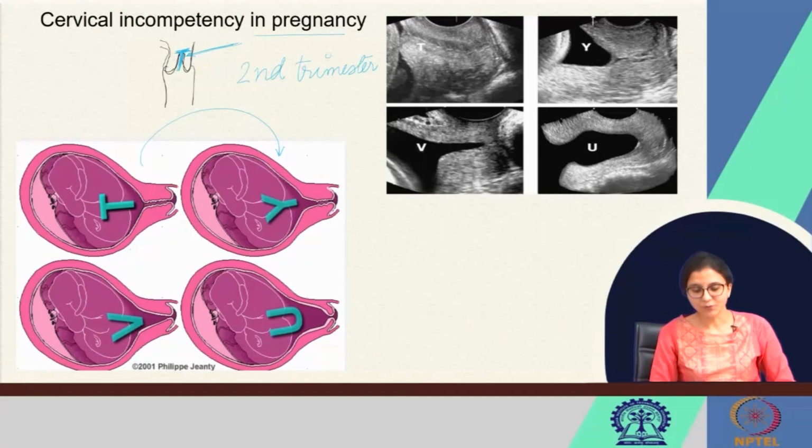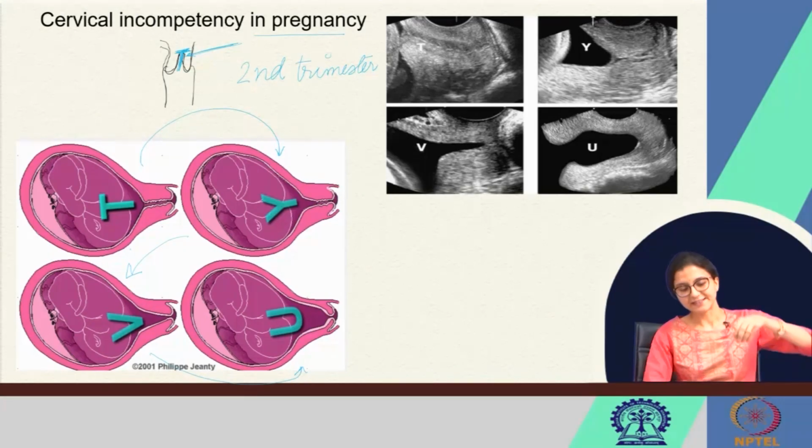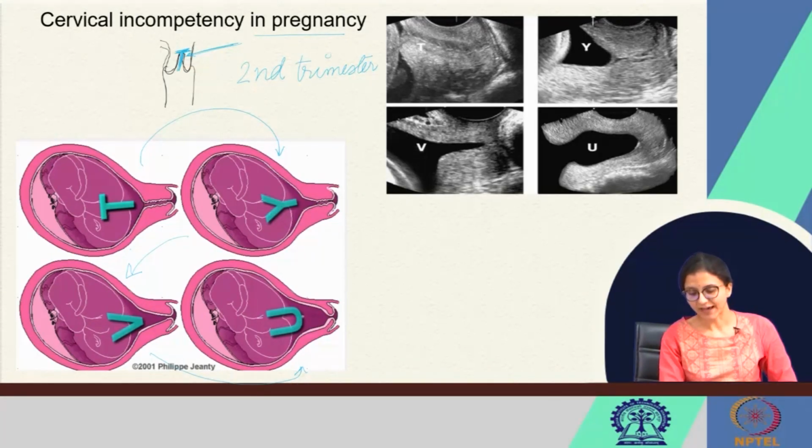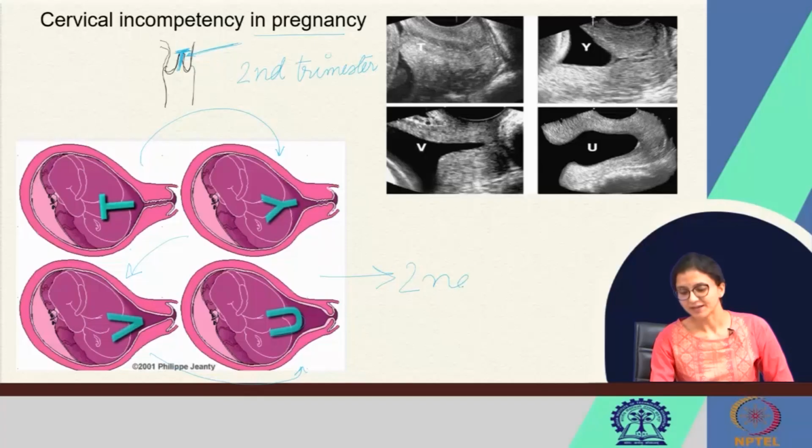If it opens more, then it becomes V-shaped, and ultimately it gets converted to U-shaped, where the internal os has opened and there is bulging of the bag of membranes. This cervical incompetency will lead to second trimester pregnancy loss.